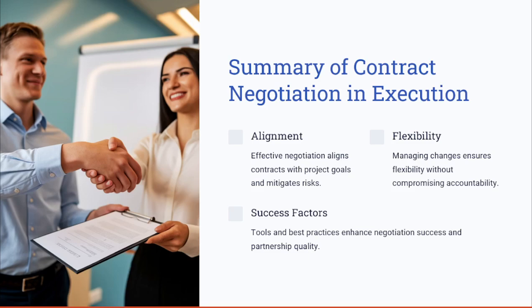Managing changes ensures flexibility without compromising accountability. We talked also about the tools and best practices to enhance the negotiation success and partnership quality. Project managers can achieve equitable agreements and foster strong relationships to serve the project needs and to achieve the project success.